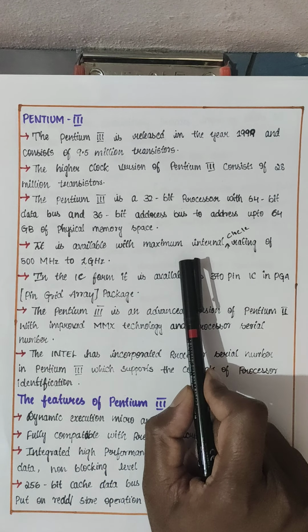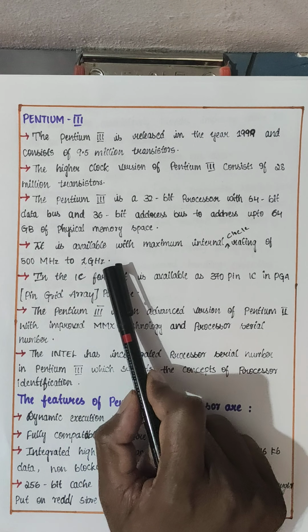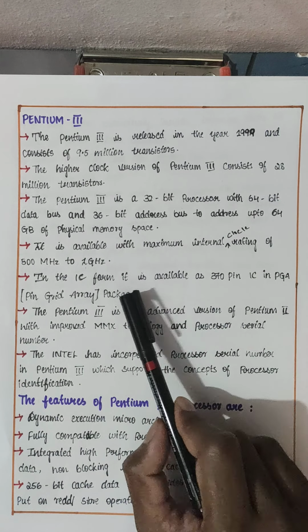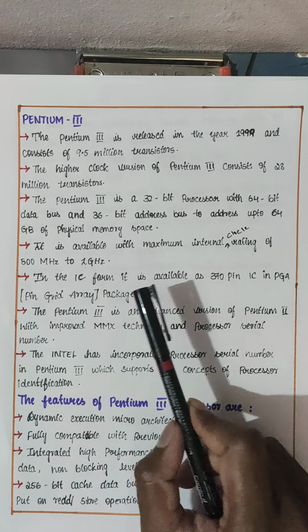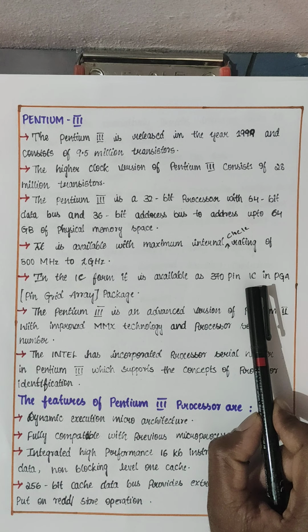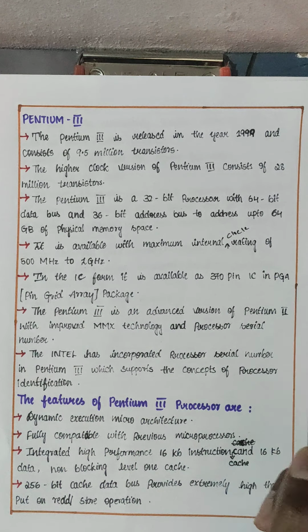It is available with a maximum internal clock rating of 500 megahertz to 1 gigahertz, and it is available in IC form as a 370 pin PGA, pin grid array package.